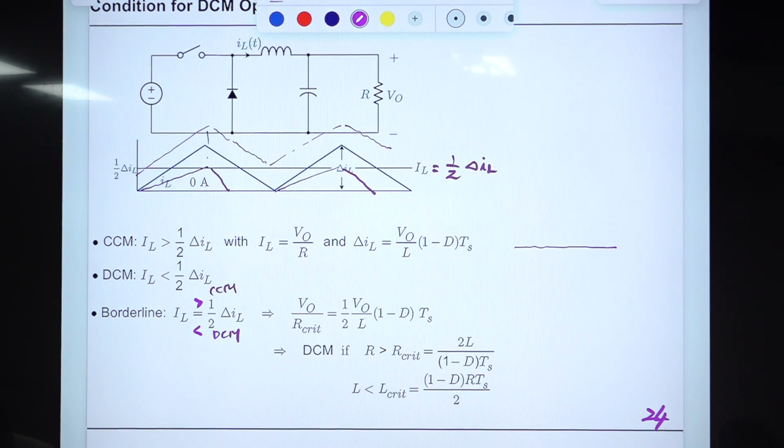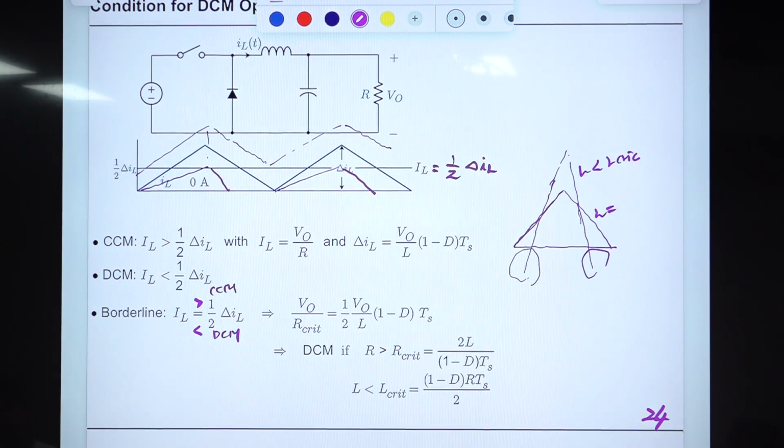Let me give one example here. This is the borderline between CCM and DCM, and you increase the inductance further, which means this slope is decreasing like that. You would have this kind of waveform, which is impossible. L is smaller than L critical.